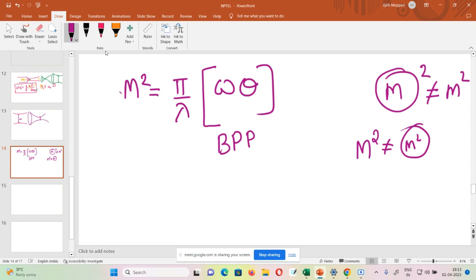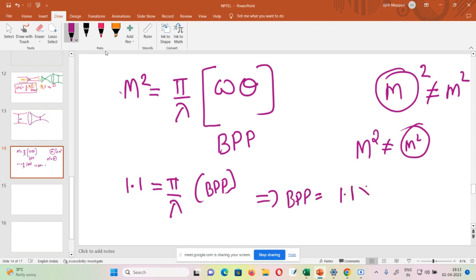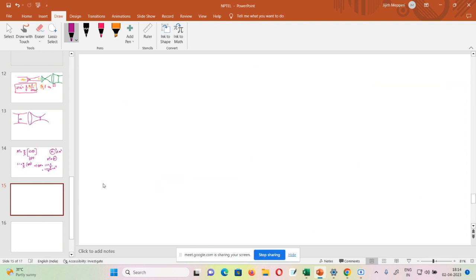So we have already given that equation. M squared is given as 1.1, equal to pi by lambda into the beam parameter product. So we can get the beam parameter product as 1.1 into lambda by pi, equal to 1.1 into 532 into 10 raised to minus 9 divided by pi. That will be equal to 1.86 into 10 raised to minus 7.